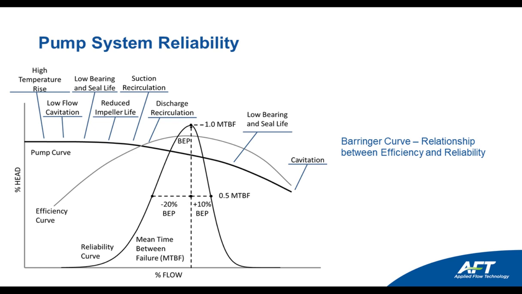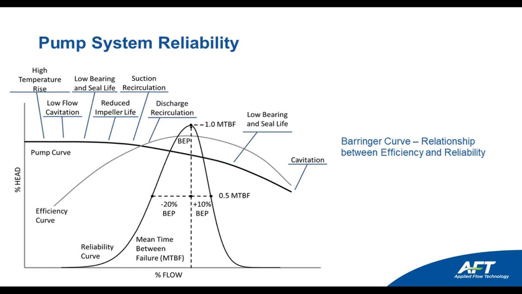That's a typical preferred operating range that you will typically see for a pump. Oftentimes, pumps are operating way far away. They might even be operating as low as 20 or 30% of the BEP. And so, in that particular case, the mean time between failure is dramatically reduced even further.